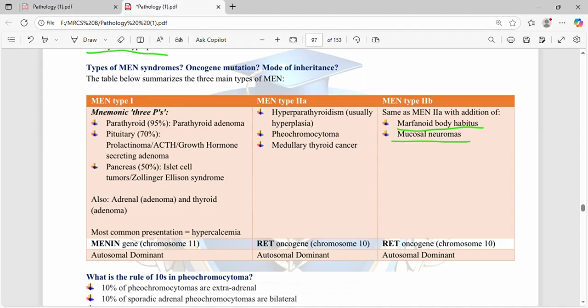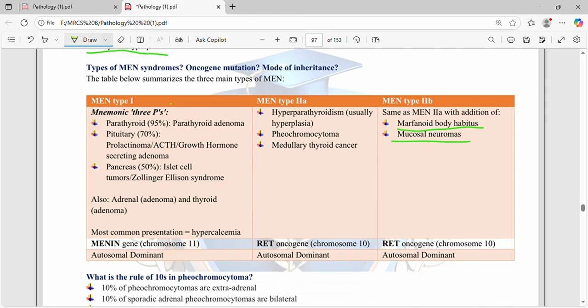They will ask you a question like, what are the types of MEN syndrome, the oncogene mutation and the mode of inheritance? So we will cover all these things, and the other questions will be really easy for you. So MEN type 1, and MEN type 2, which is also divided into type 2A and type 2B.